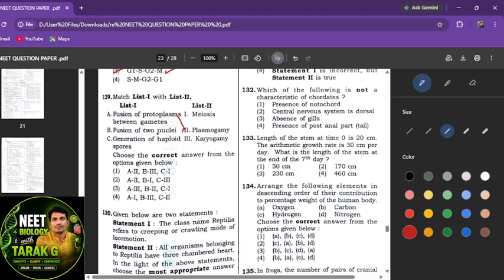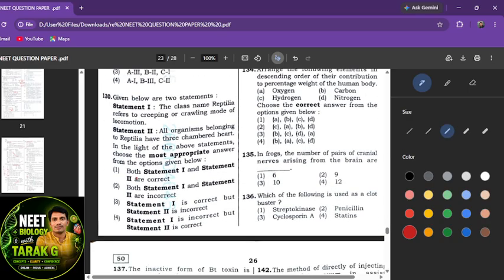Fusion of two nuclei is karyogamy, nuclei only. And generation of haploid spores is meiosis, 2n into n. That's why the correct answer is option 1.